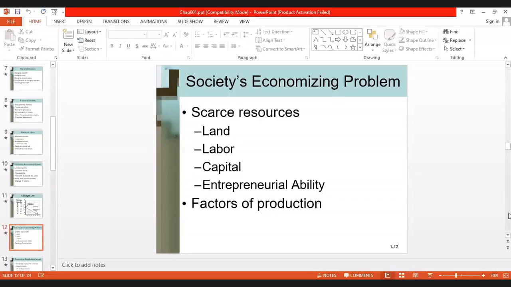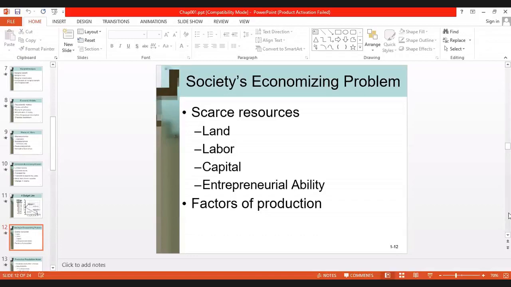All natural resources, including what we normally call land, minerals, forest, fish, and water, everything is land. In economics, we categorize everything naturally available as land, fuel, minerals, forest, fish in the sea.